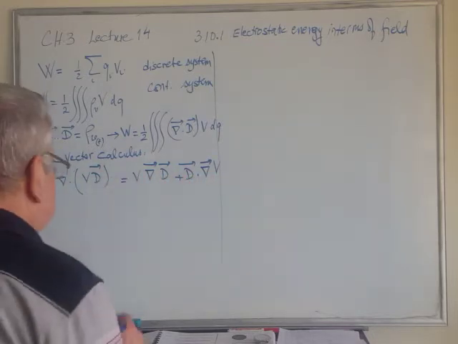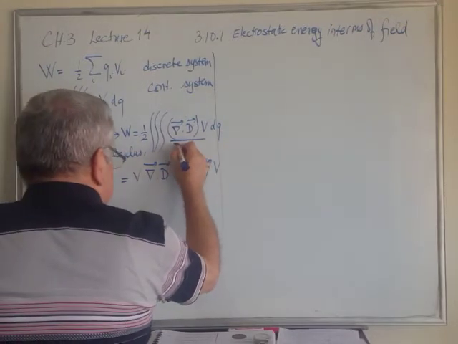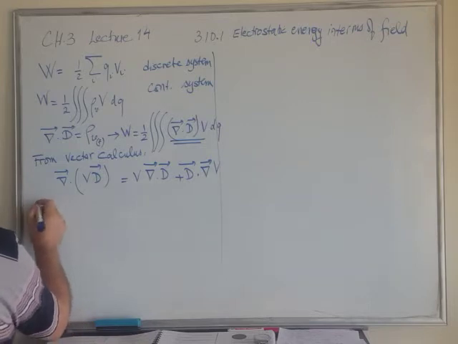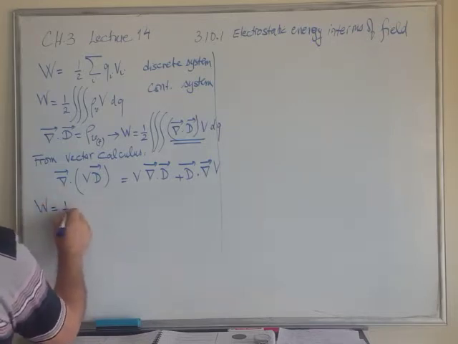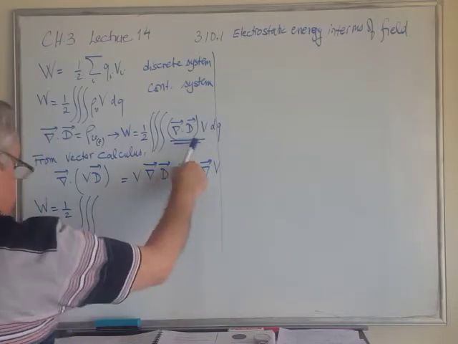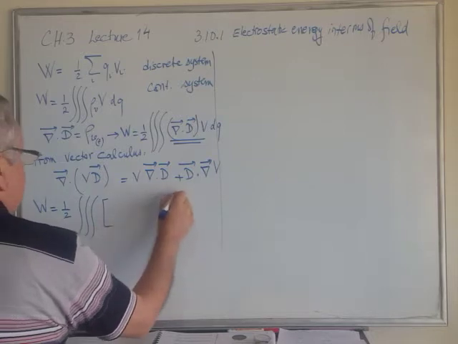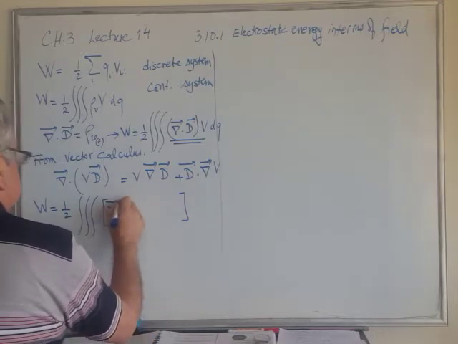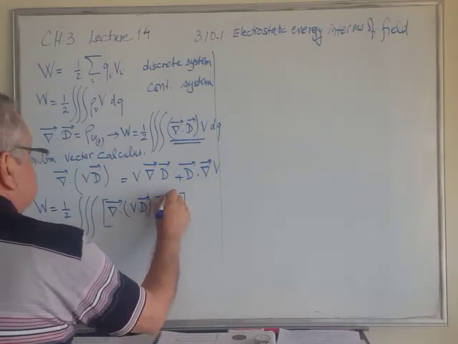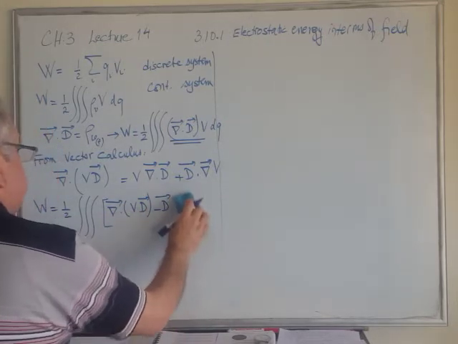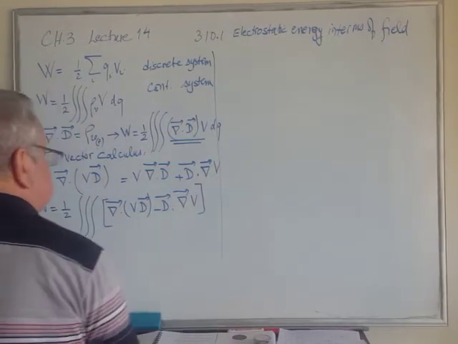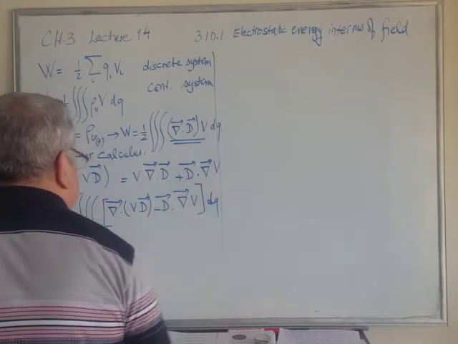Now, if you look at this expression here, it is div D times V. So it's this one. Therefore, W could be written as what? Half the triple integral of divergence of D times V, which is the divergence of V times D minus D dot grad V, all this times dv on the outside.